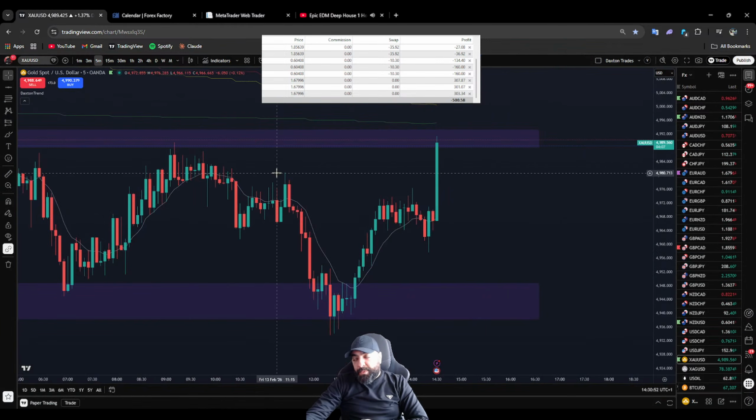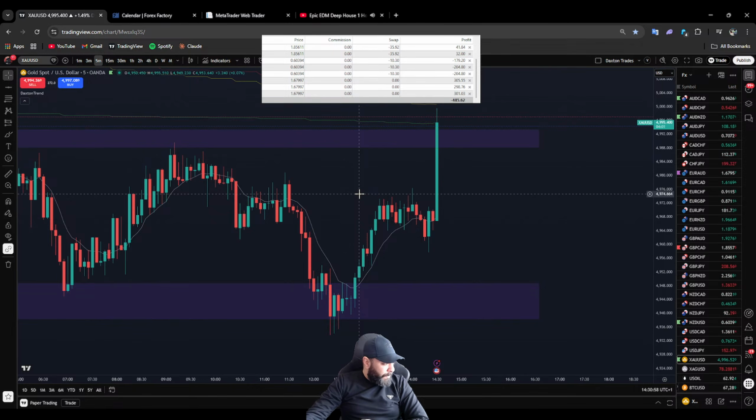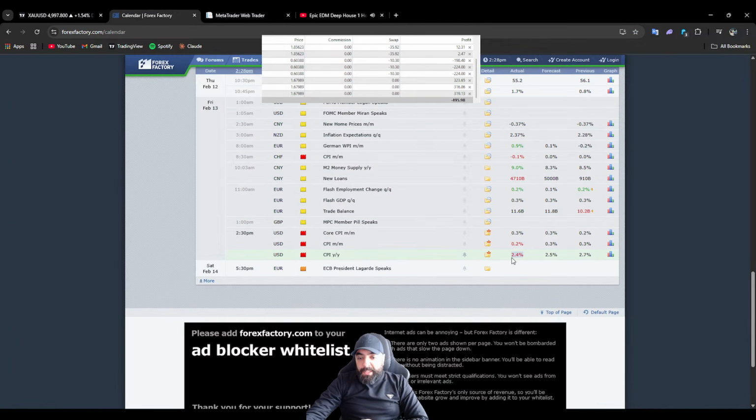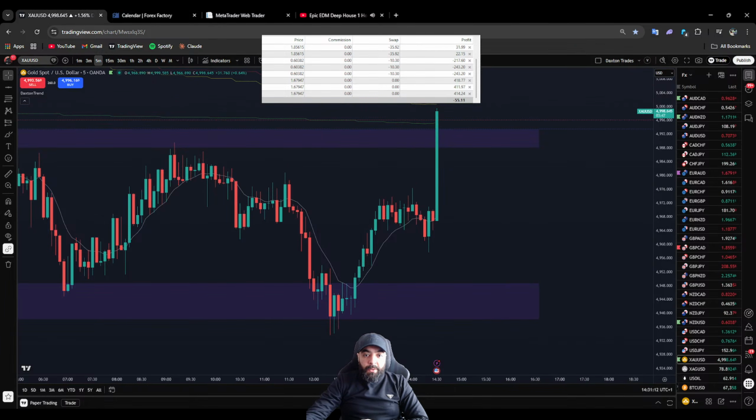So that means people will go to gold. As easy as this. You see the CPI is 2.4 negative, so that means US is getting weaker and weaker USD. That means the gold will go stronger and stronger. That's not a gamble. So it's obvious, you know.